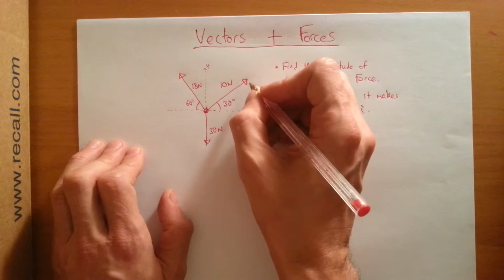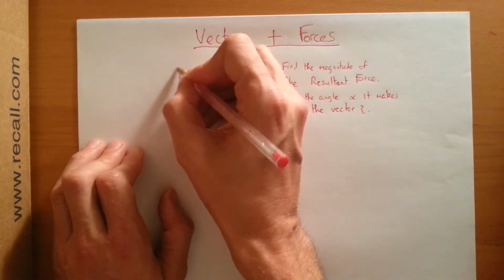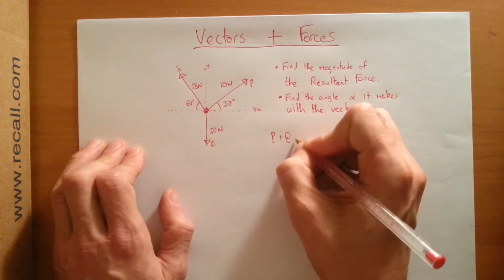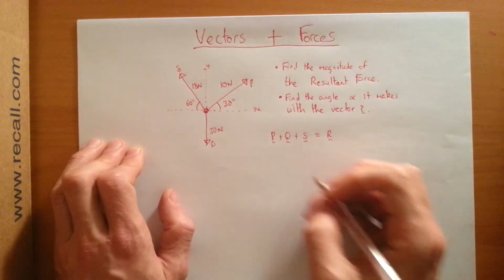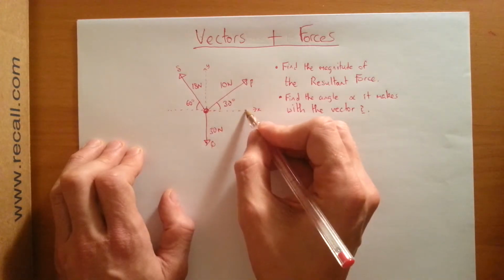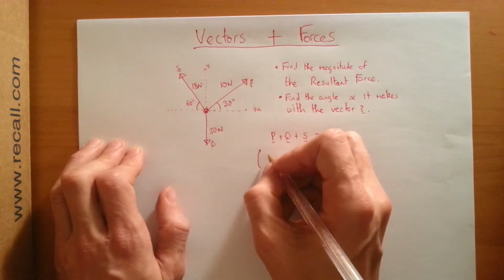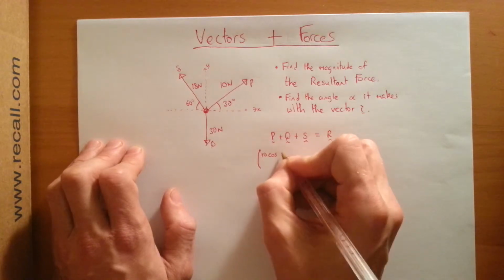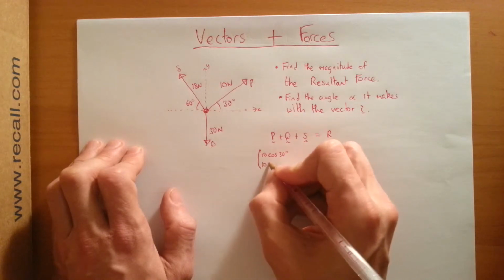Each of these forces, let's call this one P, this one Q, and this one not R, but S. Now, the vector P plus the vector Q plus the vector S will equal our resultant force. So if we write P as a vector, well, clearly we've got the X component and the Y component contributing to the force P. The X component will be 10 cos 30, and the Y component will be 10 sin 30.